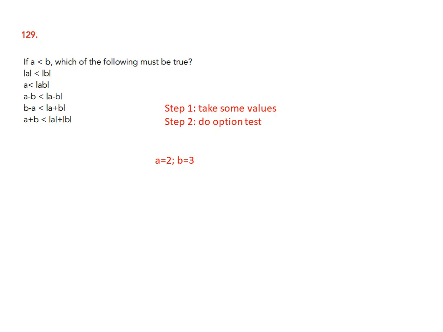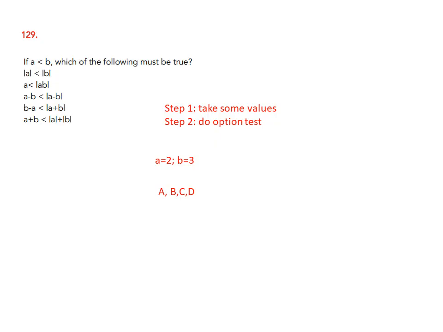Now consider a equal to 2 and b equal to 3. Absolute value a is 2, less than absolute value b, that is 3. Option A is correct. Now a, that is 2, is less than absolute value ab, that is 2 multiplied by 3, 6. Yes, that's also correct. In this way you can test the other three options and you'll get B, C, D as correct for these values, only for these values, right?